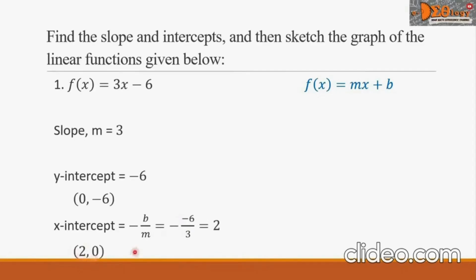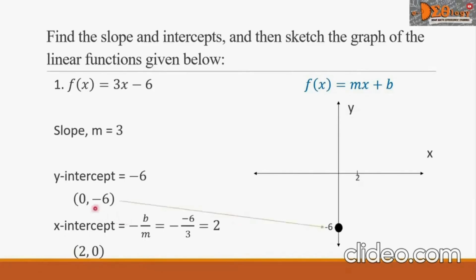Now, let us sketch the graph. Let us show the x and y axis, and then identify negative 6 on the y-axis and positive 2 on the x-axis. Then let us plot the points.